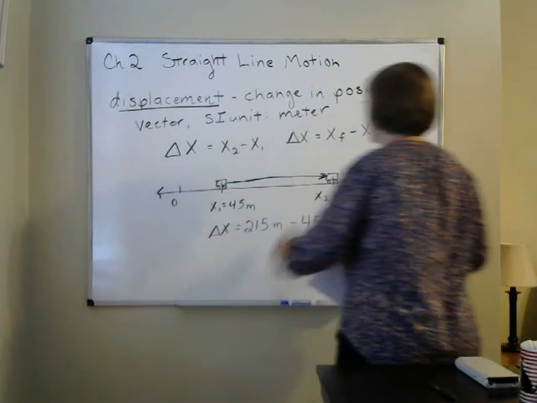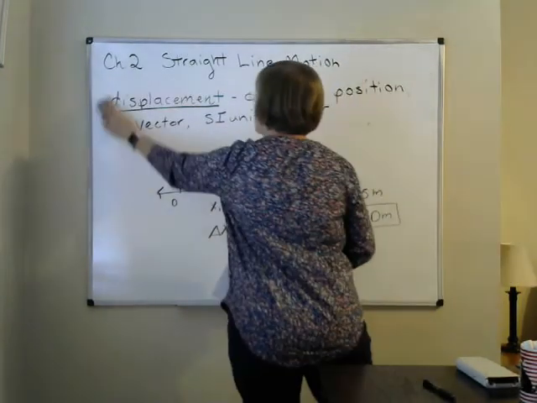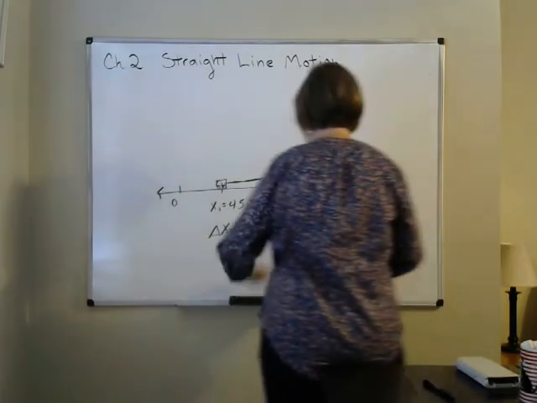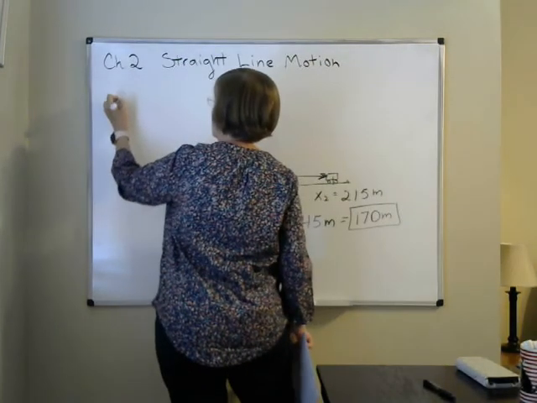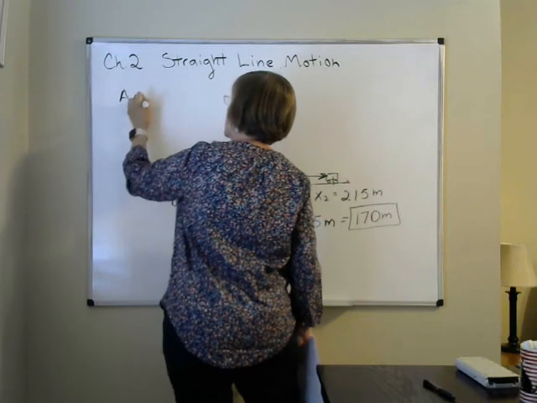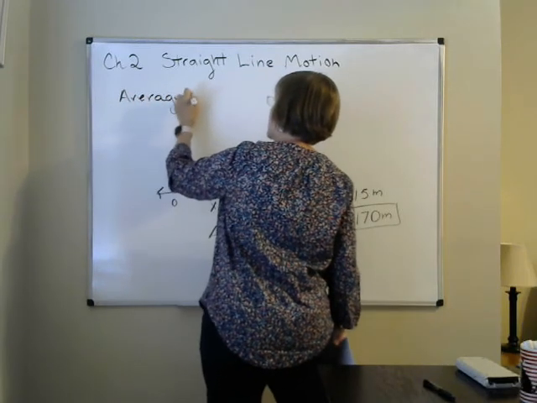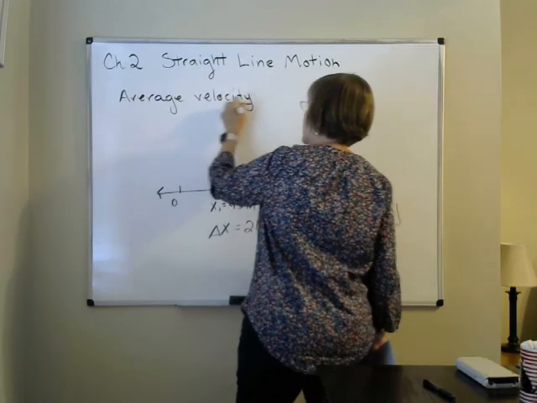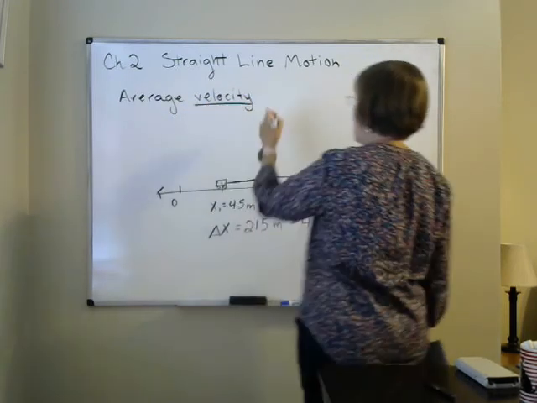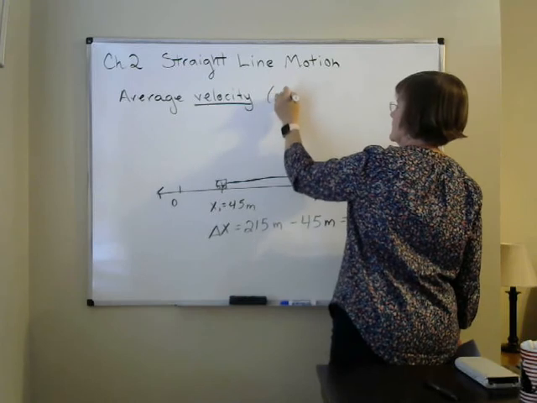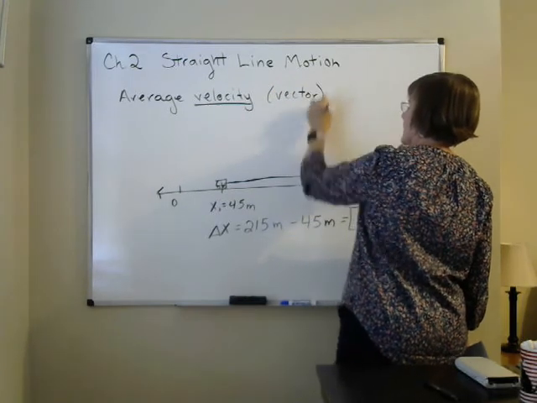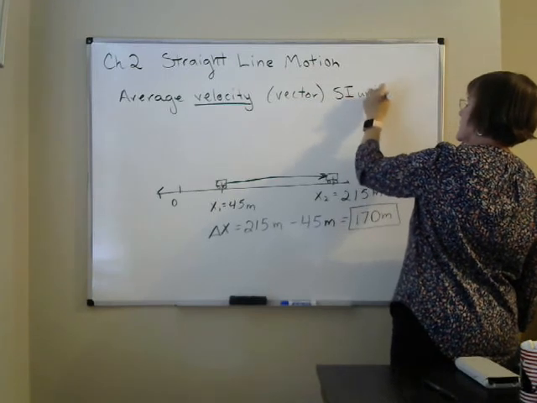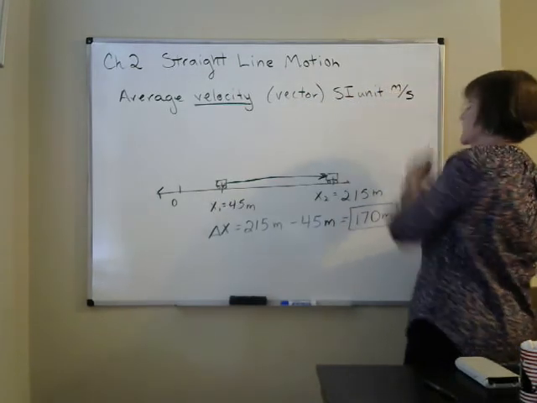And it's very closely related to the idea of an average velocity. Velocity, also a vector. The SI unit is meters per second.